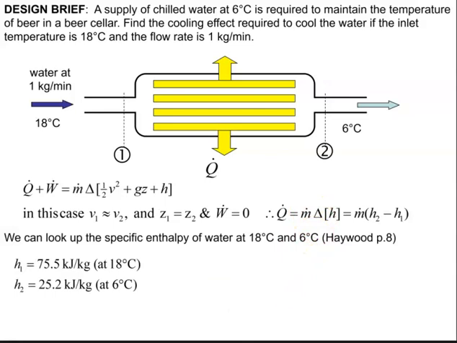So I can put m dot as 1 over 60. H2 is 25.2, H1 is 75.5, both in kilo. Answer will be in kilo.